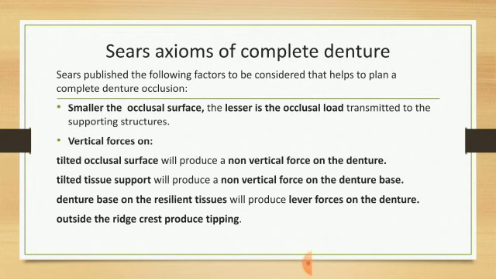Third, denture bases on resilient tissues will produce lever forces on the denture, whereas vertical forces outside the ridge crest would produce tipping of the denture bases. So we should take care that there is no occlusal surface which is tilted. As more forces would fall on the tilted area, there would be more non-vertical forces on the supporting ridge, which would lead to ridge resorption.